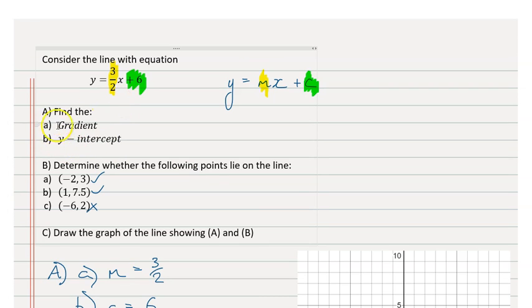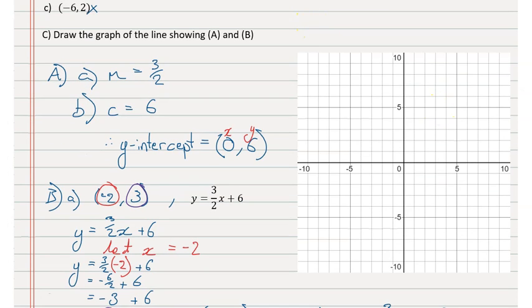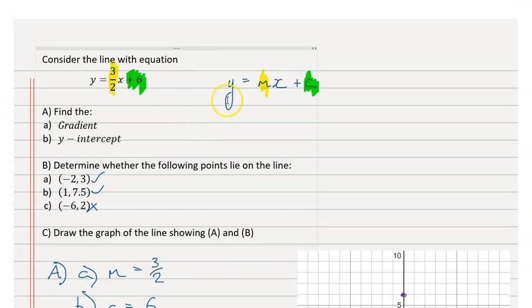Now finally it's got draw the graph of line showing A and B. So in A it's asking us to plot simply the line here. Now we know that the constant is positive 6. So I'll go down and we'll say positive 6 is here. And it's asking for a gradient of 3 over 2.